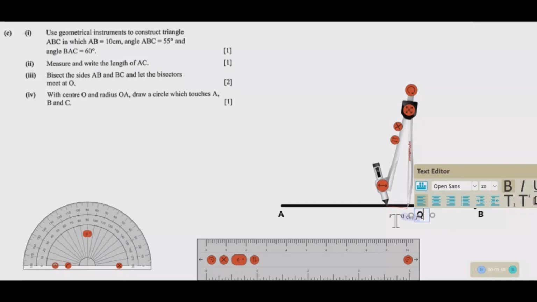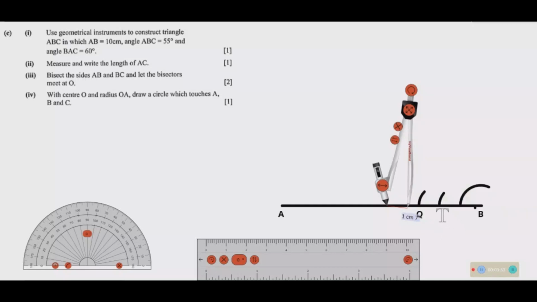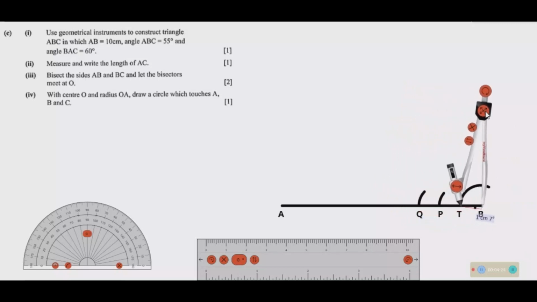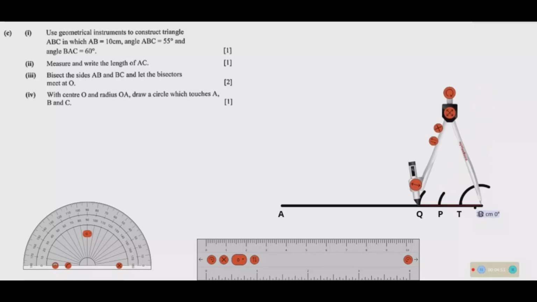Then this point we are also going to call P. This point we are going to call T. That way, in case we want to use these points, we can easily call them by their names. Now, the next thing we're going to do is get the measurement of this. That width is the one we're going to use.